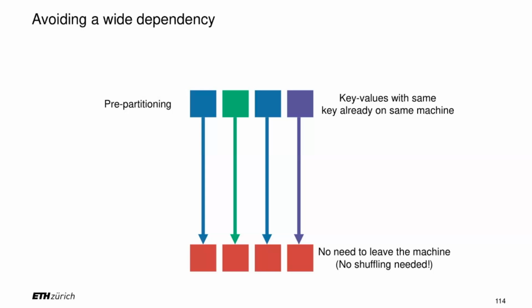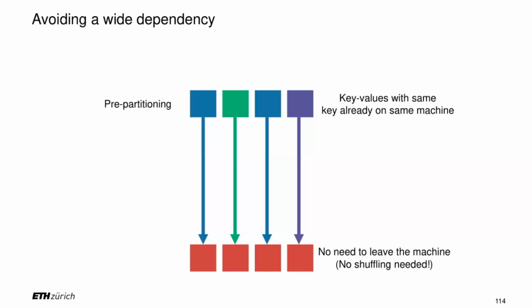So how could I know that? Maybe I would know that because I created that RDD right here, and that was the result of sorting, right? So if you have sorting followed by reduce by key, and the keys are the same as the sorting keys, then you don't need to shuffle, right? So it means that when you have wide dependencies, shuffling is not systematic. In general, you need to shuffle, but sometimes you don't need to.